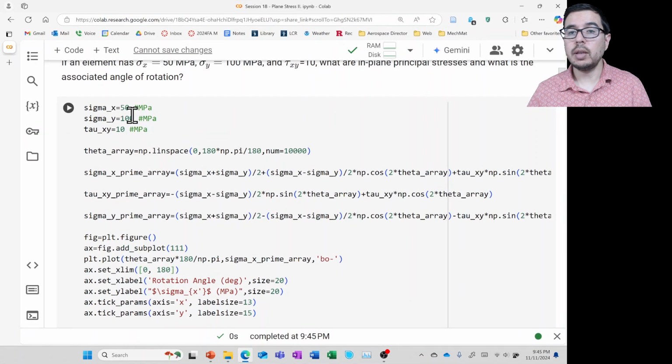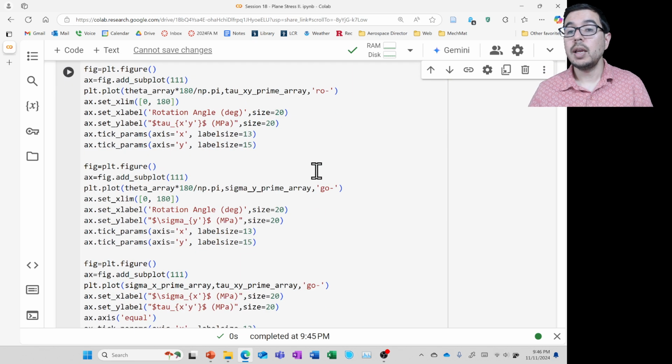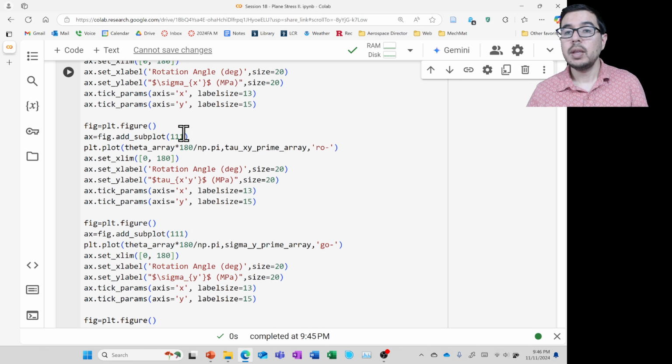So we'll go ahead and plug in 50, stays the same. Sigma y is going to be minus 10, and tau xy will be 10. Okay, so we're set there. And what we see here is it's going to go through angles 0 to 180 with quite a few points selected, 10,000, and then it will plot the arrays of results where we have the tau x prime y prime, for example, versus angle.